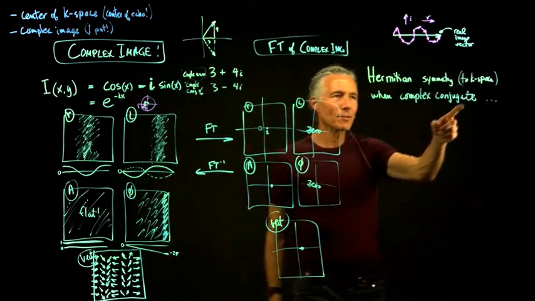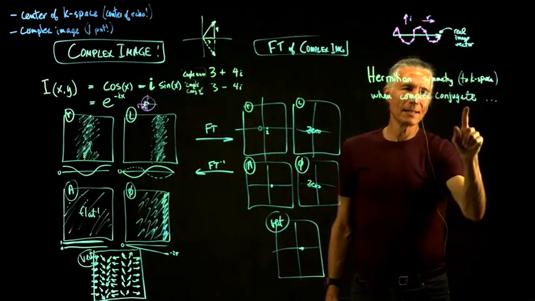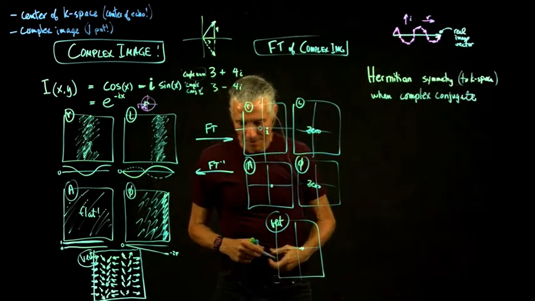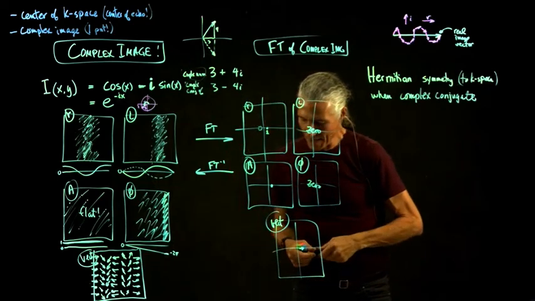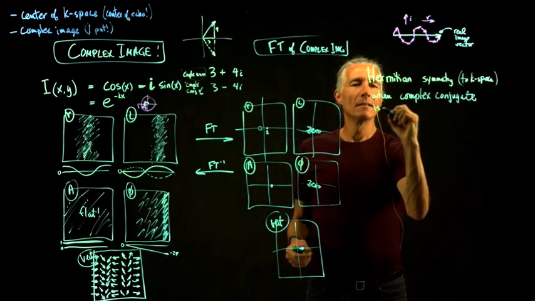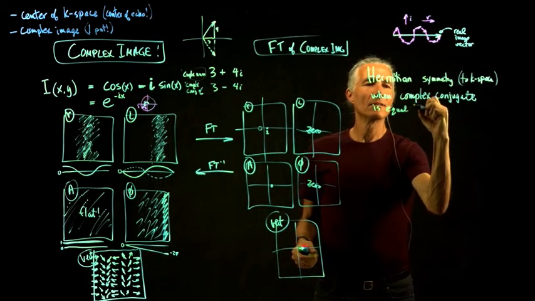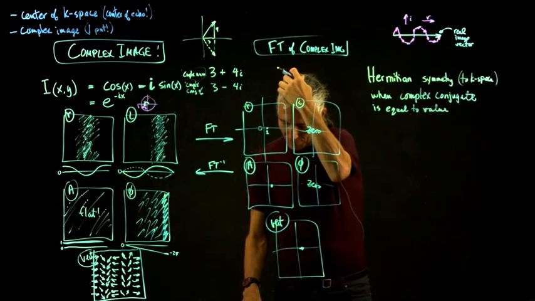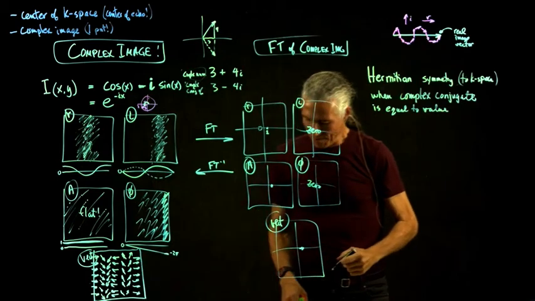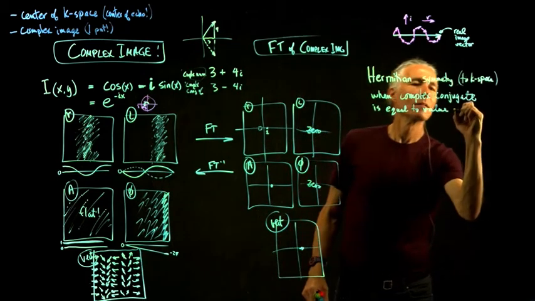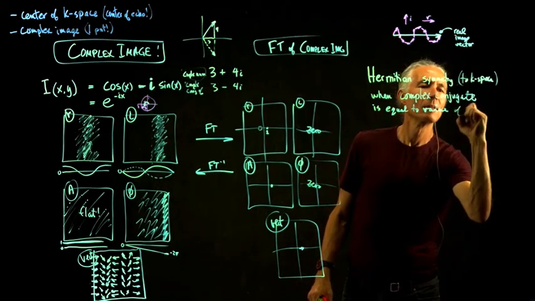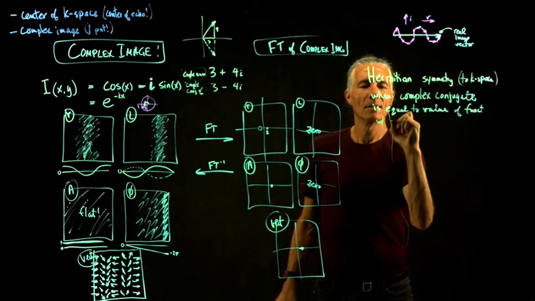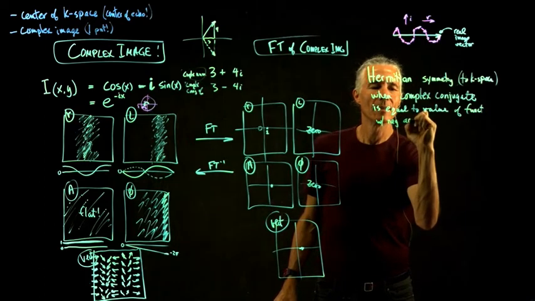So Hermitian symmetry in kSpace is when the complex conjugate is equal to the value of our Fourier transform function with negative argument.